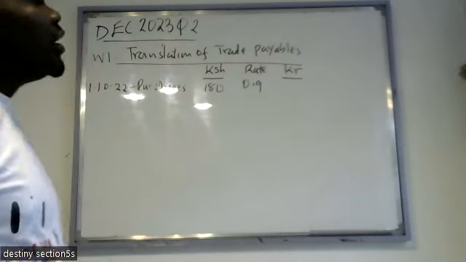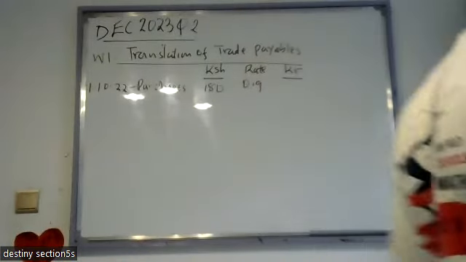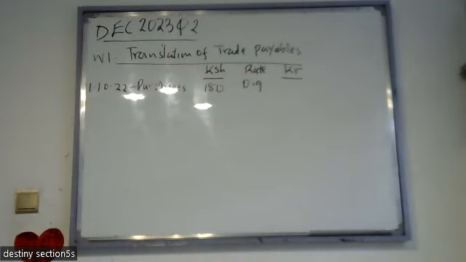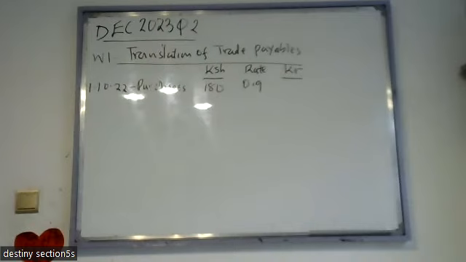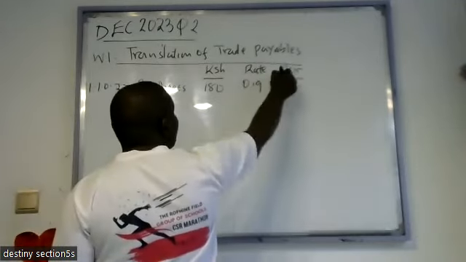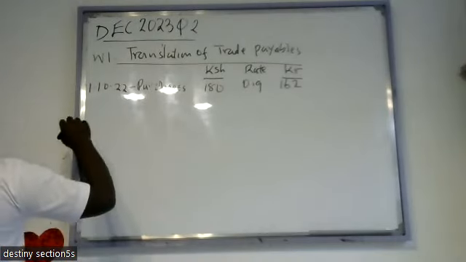You multiply, you don't divide. 180 times 0.9, what do you get? 162.